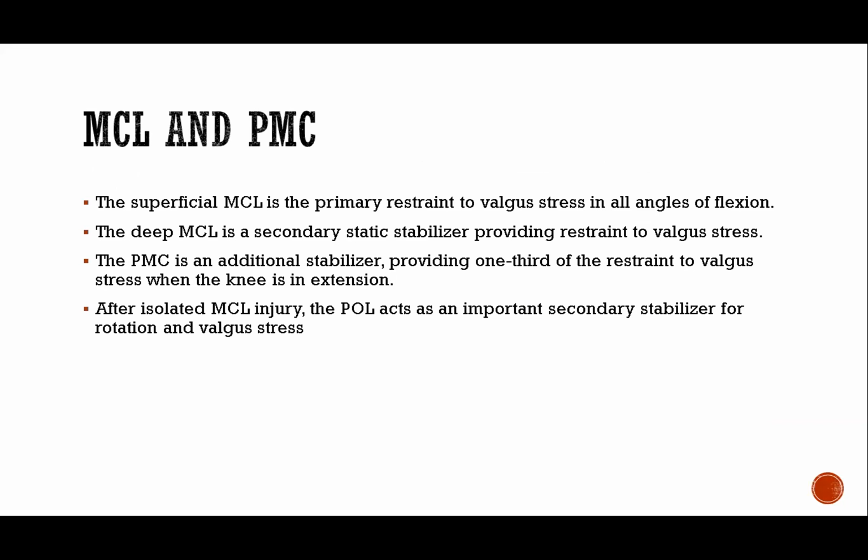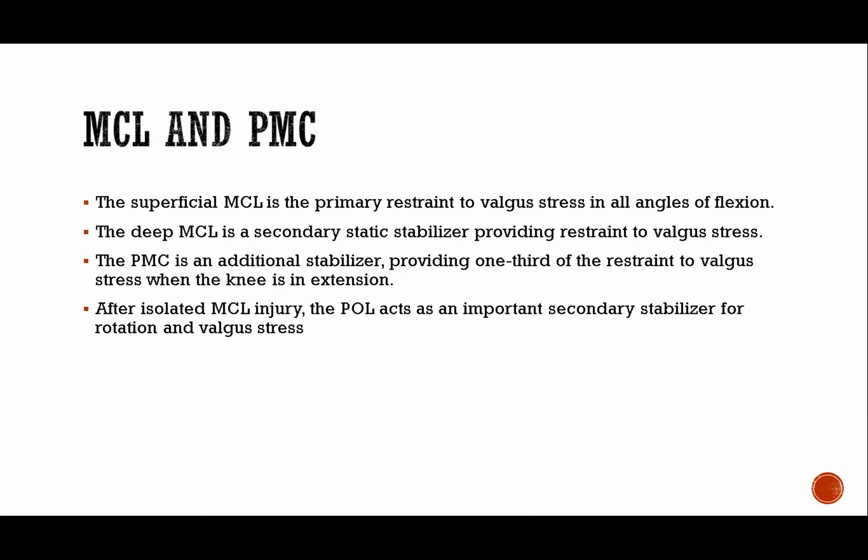The correlation and synergistic effect of the MCL and PMC. Superficial MCL is the primary restraint to valgus stress at all angles of flexion. Deep MCL is a secondary static stabilizer providing restraint to valgus stress. PMC is an additional stabilizer providing one third of the restraint to valgus stress when the knee is in extension.